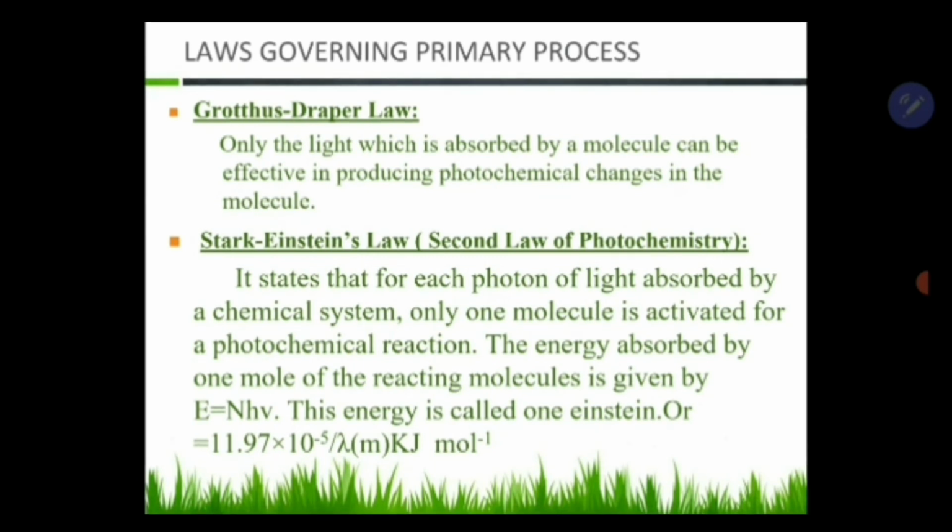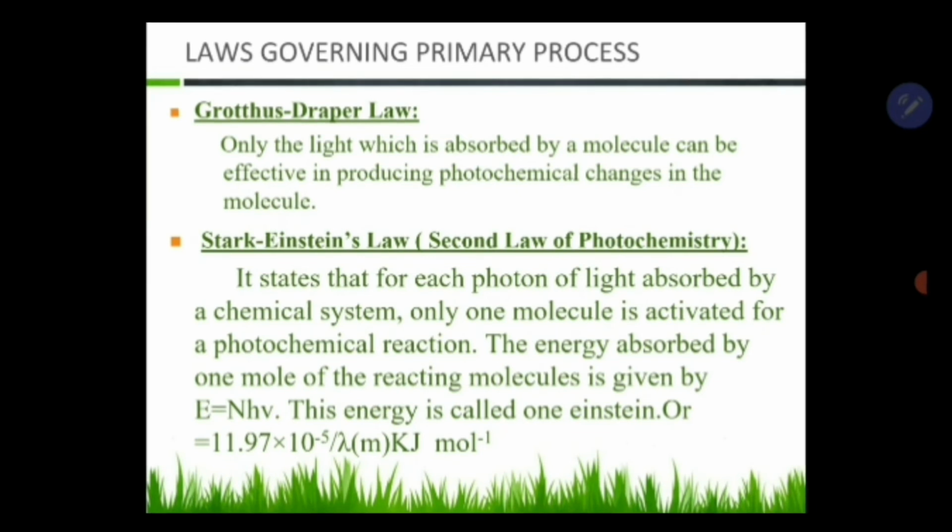The photochemical rate law is again called Einstein's equivalency principle. That means one particle of a chemical substance can absorb only one photon from a light beam. That is given as delta E = h nu.